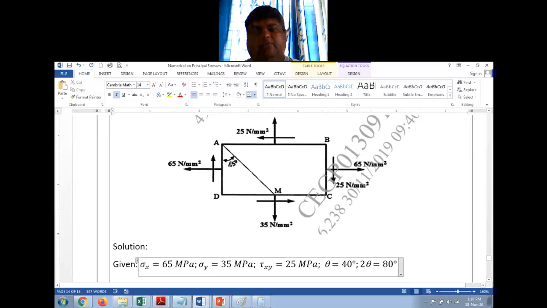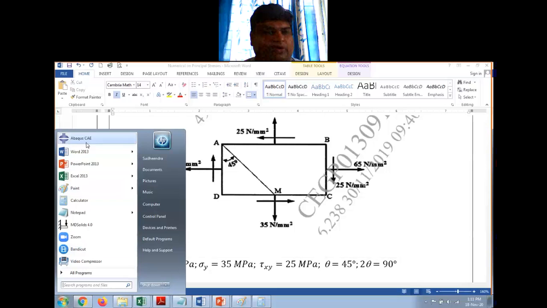Since the angle is 45, it will be same. If this were some other angle, then this angle would be 90 minus this angle, right? So here, since this is 45, both the angles will be 45 degree. So I'll just put it as 45, and 2 theta will be equal to 90 degree.